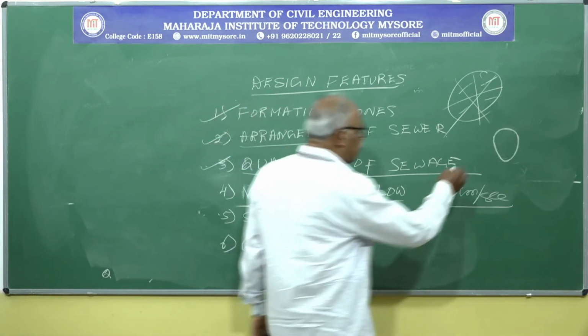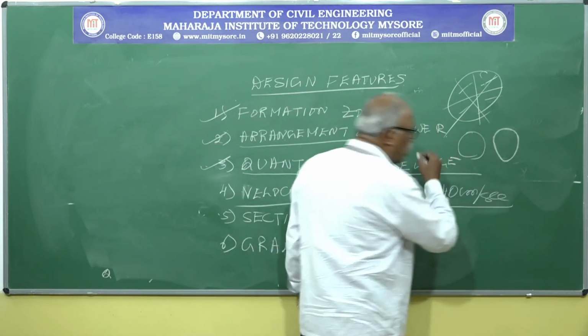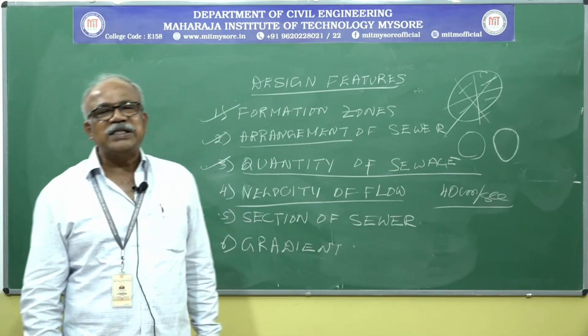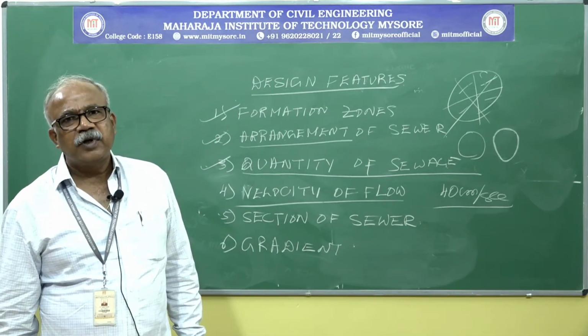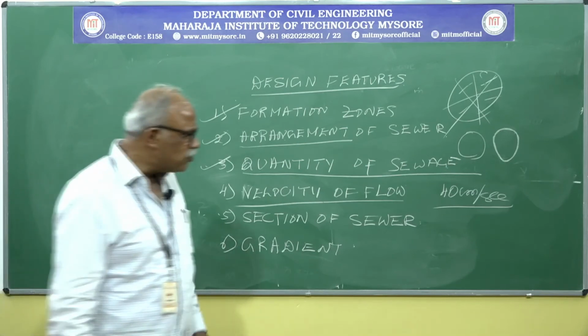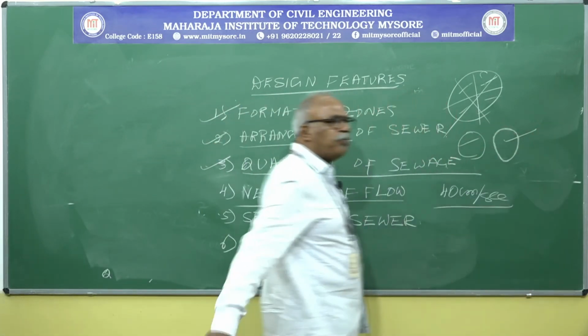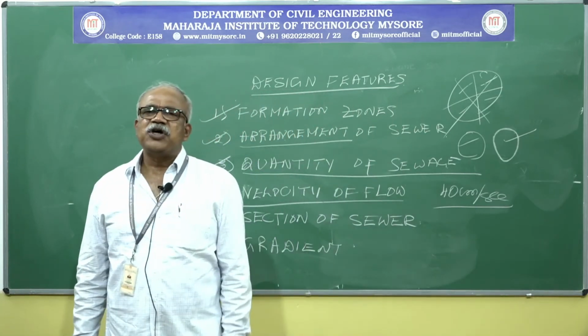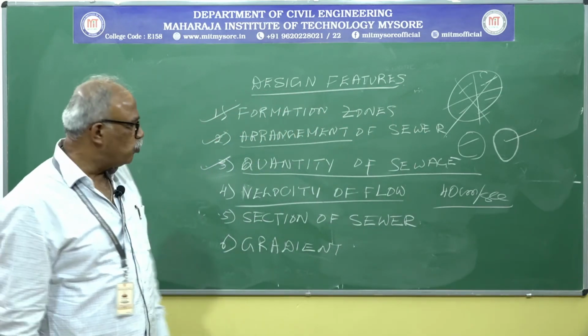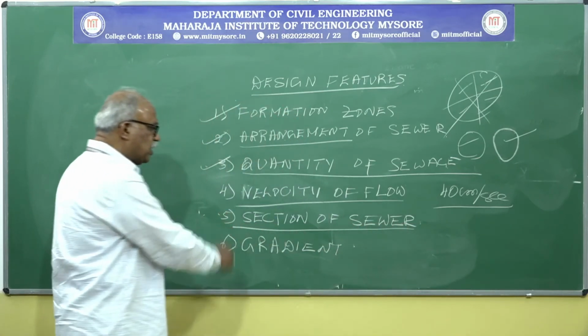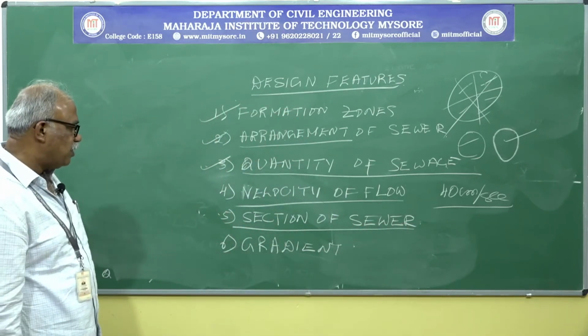If instead of this we provide a circular sewer, it is very difficult to achieve the minimum and maximum velocity, even in a dry period. That's why instead of providing circular, this shape of sewer should be provided. That is the major concept of the section of sewer.